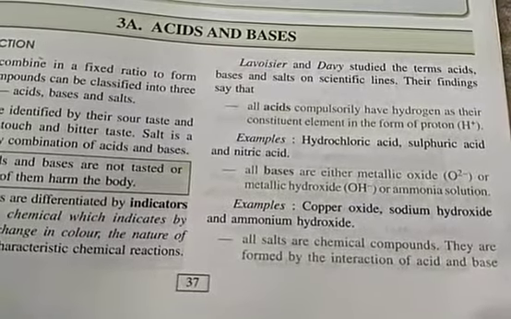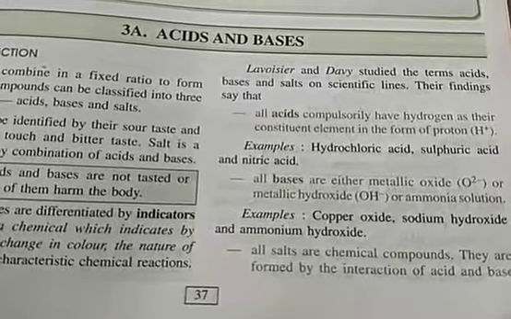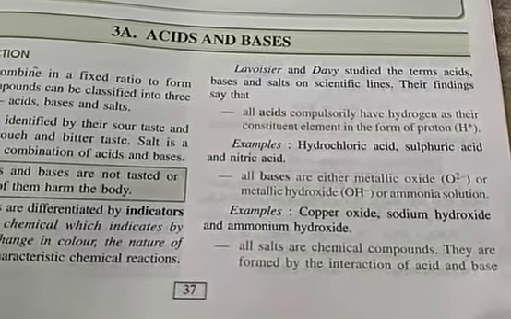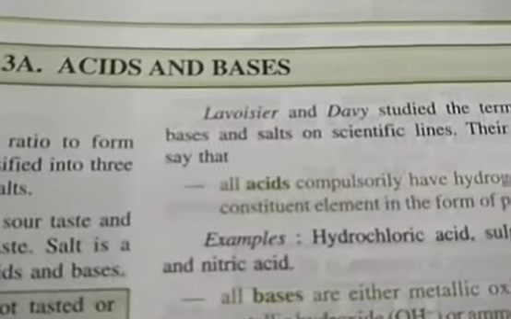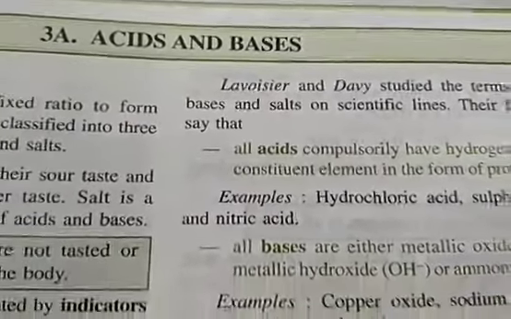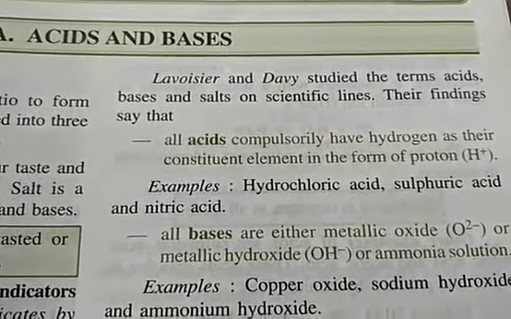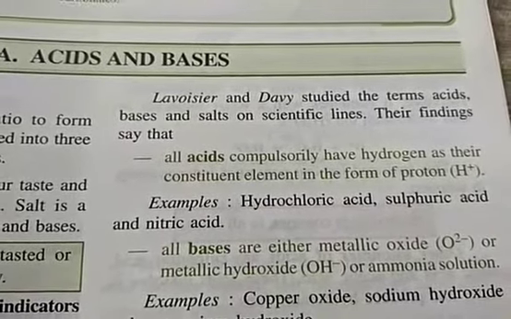Students, we have many definitions of acids and bases. From time to time, some modifications have been made in these definitions. For example, Lavoisier and Davy said that all acids compulsorily have hydrogen as their constituent element in the form of proton or H+.